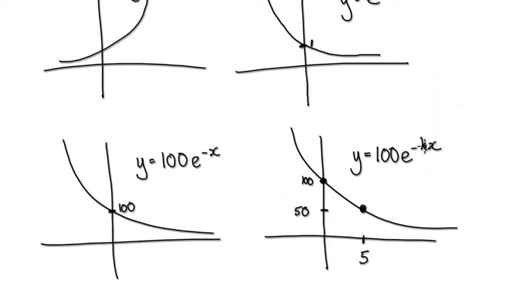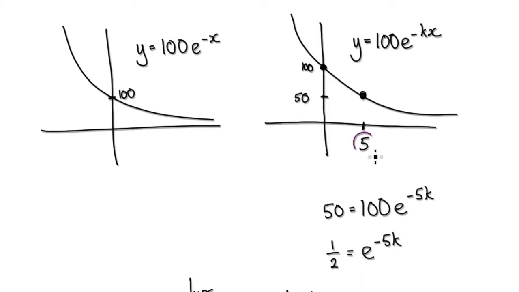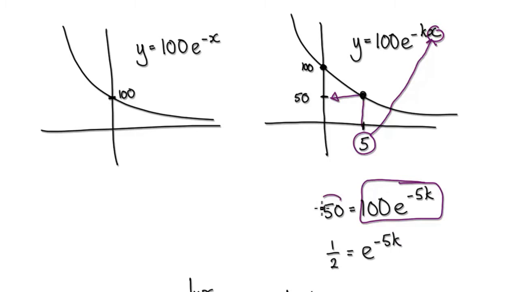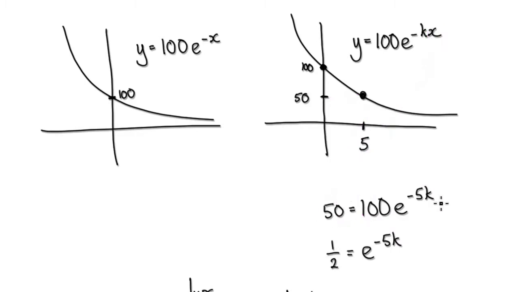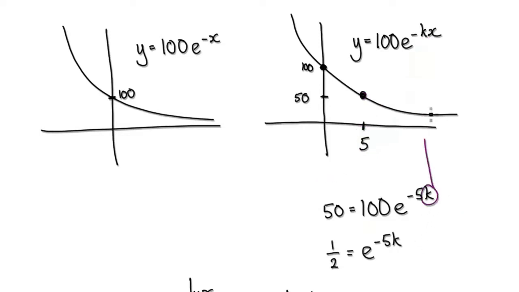We need to somehow establish this k. To create this k, put 5, after 5 hours, into here. So that will then give us this. After 5 hours, we want to force the graph to be at 50, so we put the 50 into here. Now it's just a matter of working out this constant k. So we force this condition upon our equation. That will take us to here. Now work backwards to find this constant k.